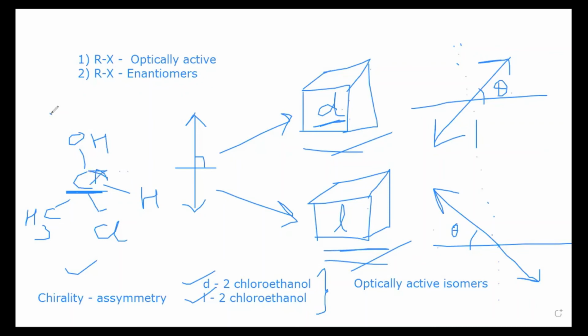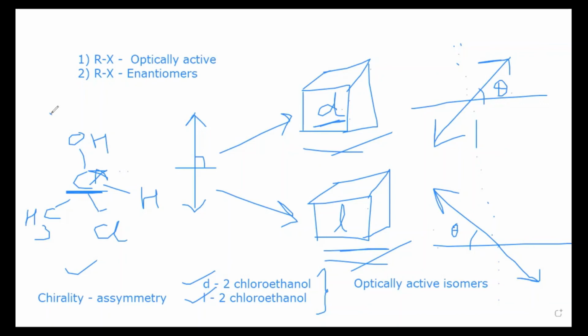And when I say 4 different groups, it's not only the atoms that should be different, it's the molecular weight. With respect to the molecular weight, these 4 groups should be different. So if there is a carbon atom in the molecule which is simultaneously attached with 4 different groups, obviously the valency of carbon is 4. And to keep our discussion simpler, I'm only talking about saturated carbon compounds, which means I won't be talking about alkenes and alkynes. So I'll come back to this discussion once again, talking only about compounds that have carbon single bonds in them.